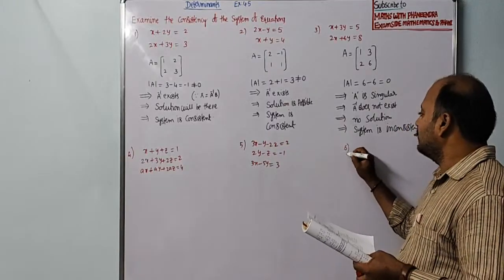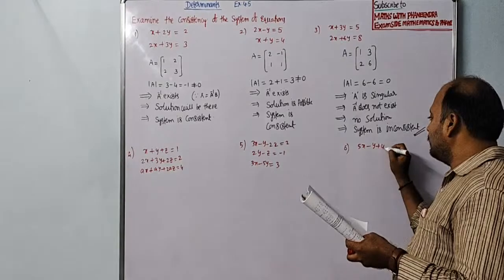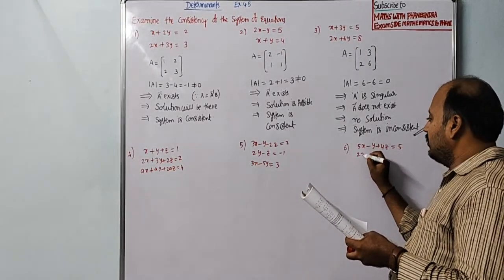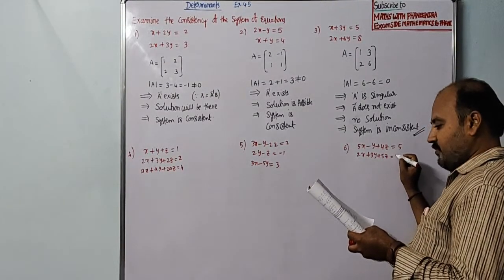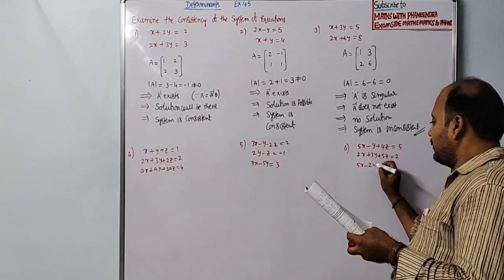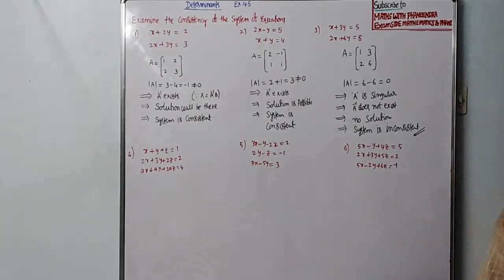Next, question number 6: 5x minus y plus 4z is equal to 5, 2x plus 3y plus 5z is equal to 2, 5x minus 2y plus 6z is equal to minus 1.